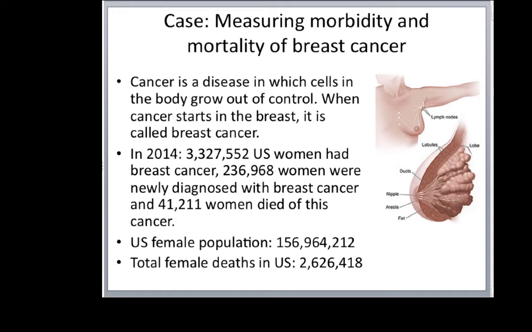So you can make an argument that this isn't really a fair way to calculate case fatality, given that you don't know that all of these 41,211 people came from this total number.